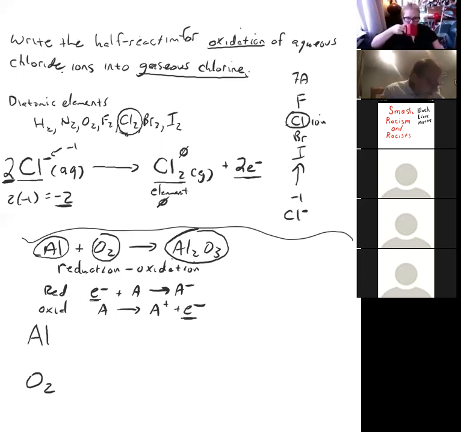What you do is you treat the compound as an ionic compound. Remember, an ionic compound has a positive ion and a negative ion.